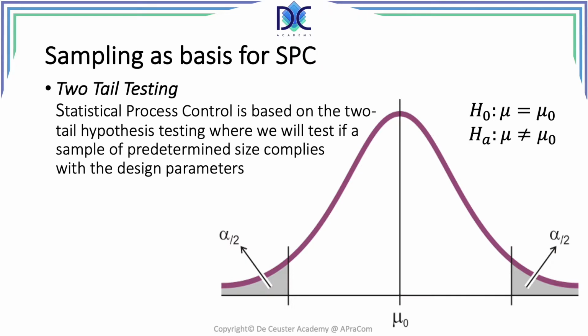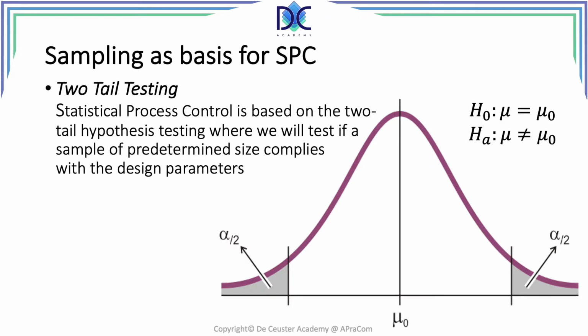Now, what are we going to do? We're going to take a sample. For example, we take 5 bottles of some liquid, some beer, some wine, water, whatever we have in the factory, and we measure the content of each bottle and we calculate the average. Basically, we calculate the sample average.